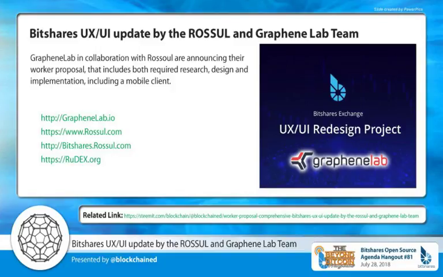So the proposal itself consists of, I believe, three main parts. First is the research, then the design phase, and then the implementation phase. Let me tell you a few words about how I would like to structure each of these three parts. The proposal usually starts with us discussing the goals, and we intend to do it all in public. That means we'll set up a special website, and we'll analyze the current UI.